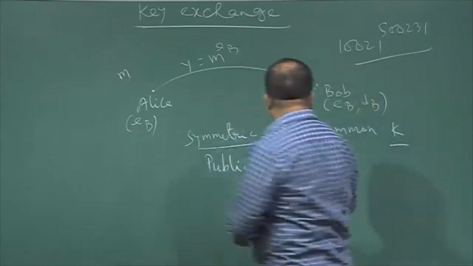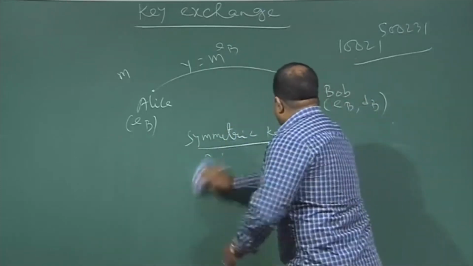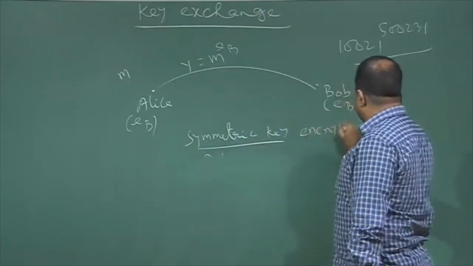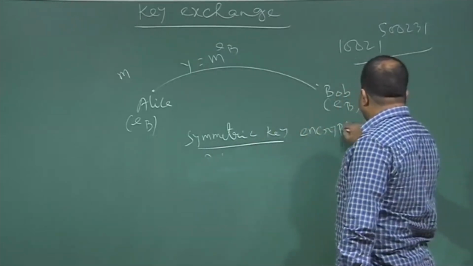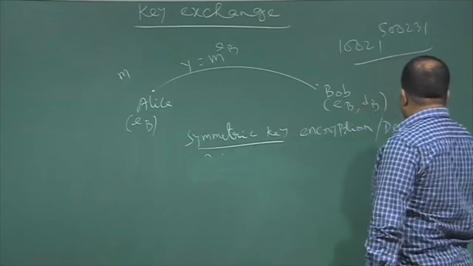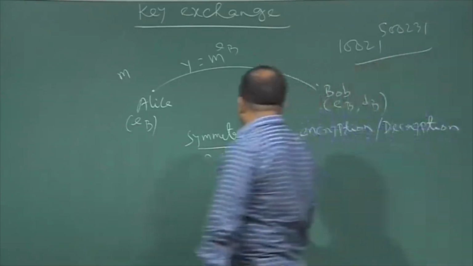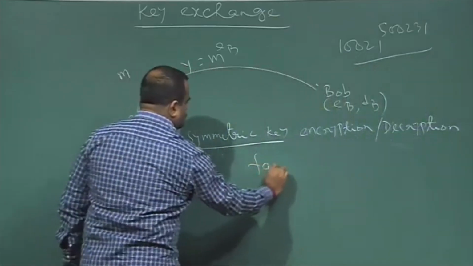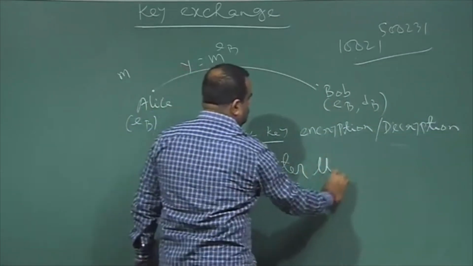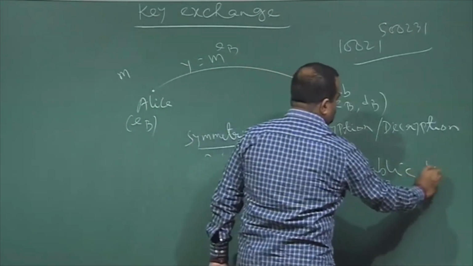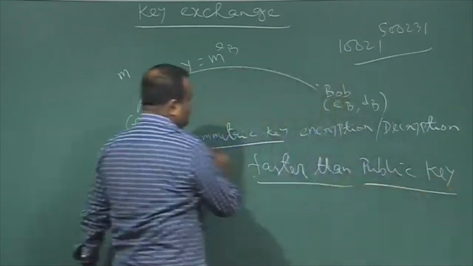Symmetric key encryption or decryption time is usually very much faster than public key encryption and decryption.